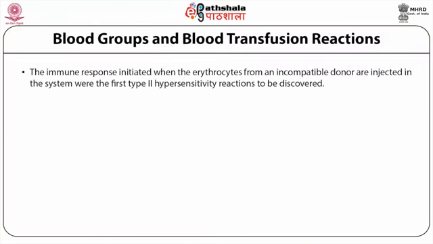The immune response initiated when erythrocytes from an incompatible donor are injected into the system was the first type 2 hypersensitivity reaction to be discovered. While the seminal work of Landsteiner created the ABO blood group system, erythrocytes contain many surface antigens.